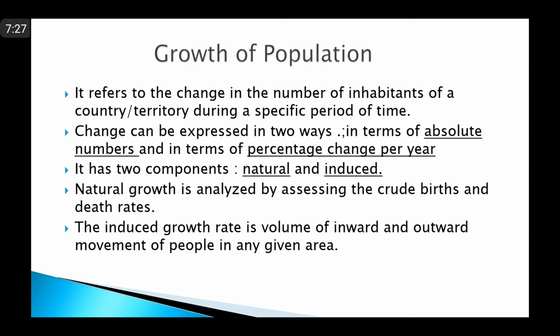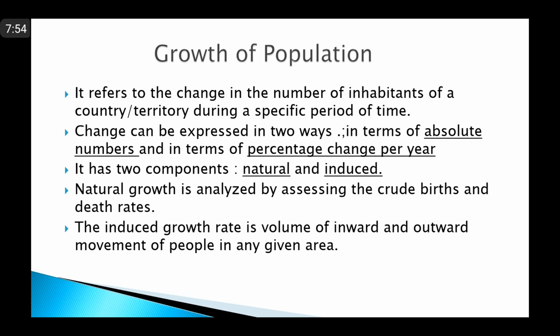Okay, this change can be expressed in two ways, either in terms of absolute numbers or in terms of percentage change per year, right. So that is the two ways of expressing this growth of population, how the change takes place.